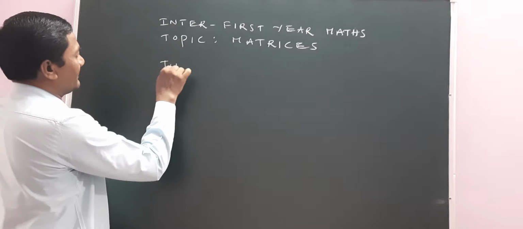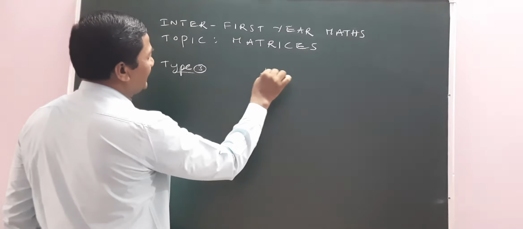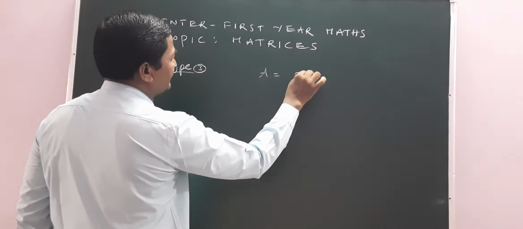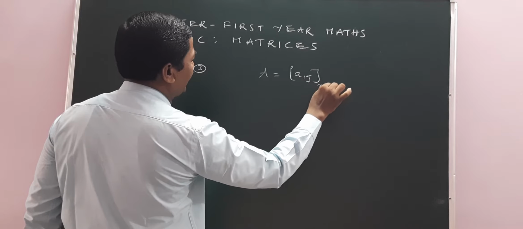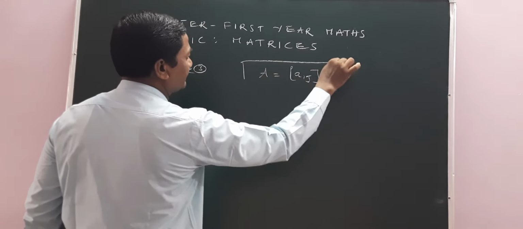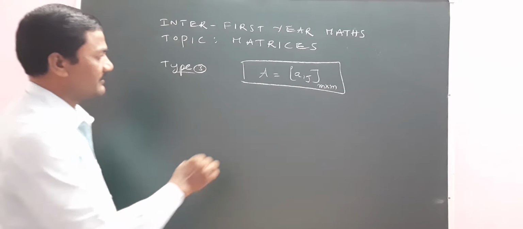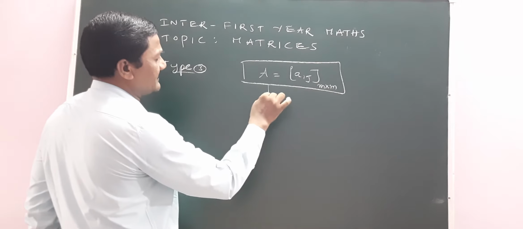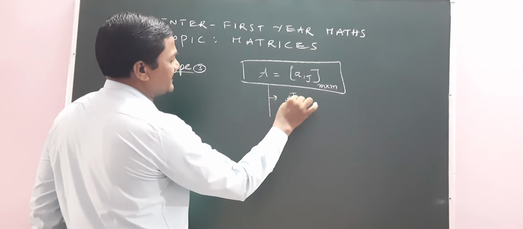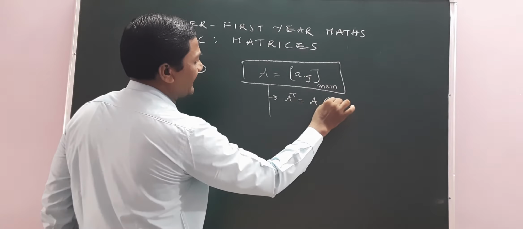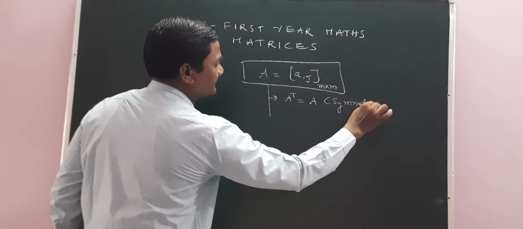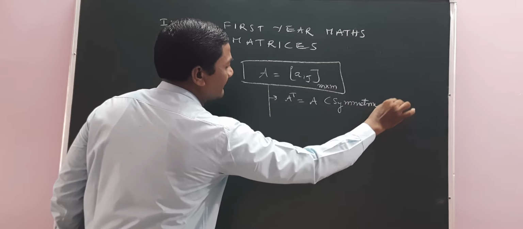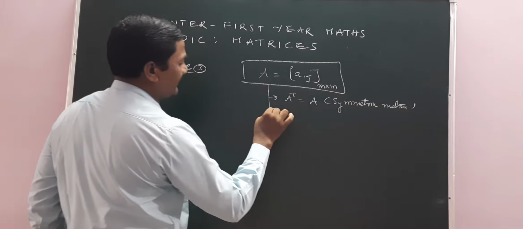So, type 3: A is equal to Aij, an M by M matrix, a square matrix. First one is A power T is equal to A, a symmetric matrix.